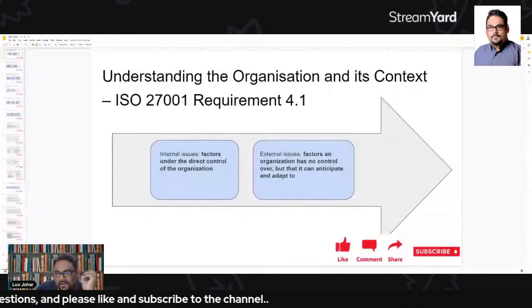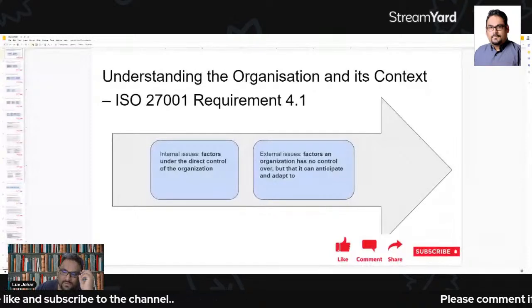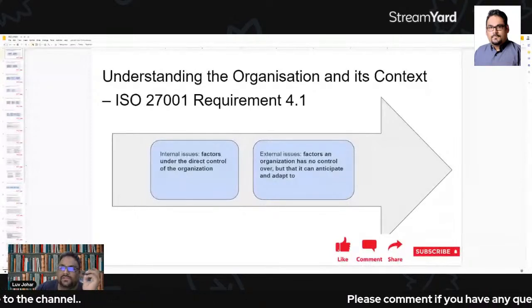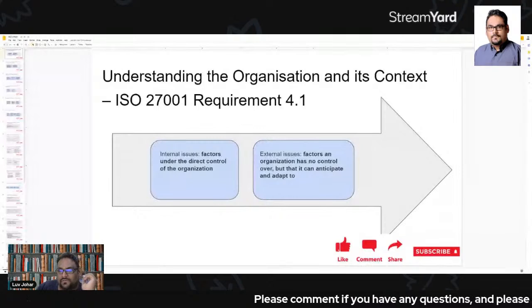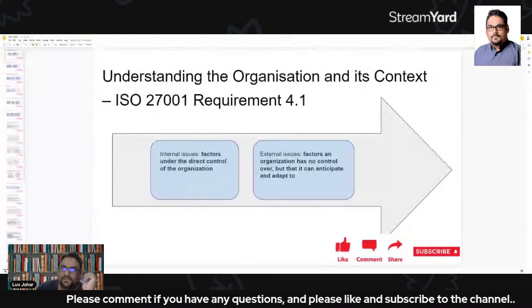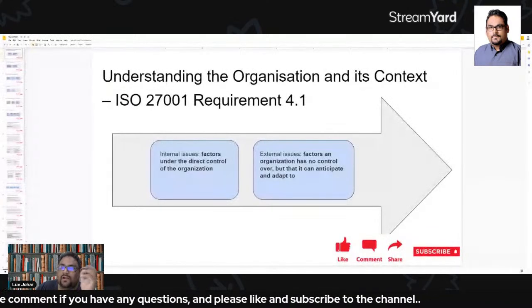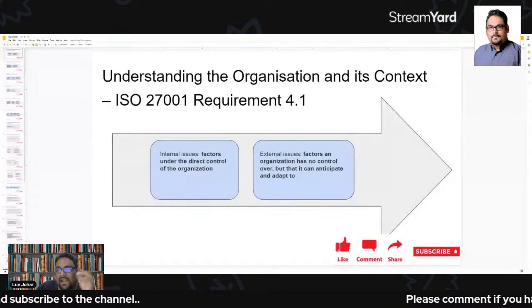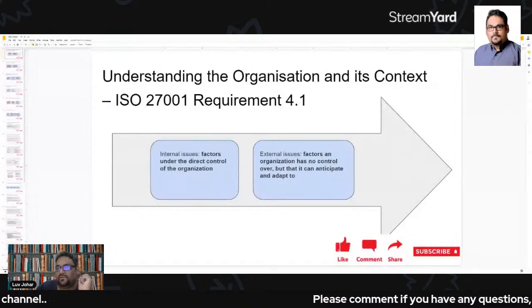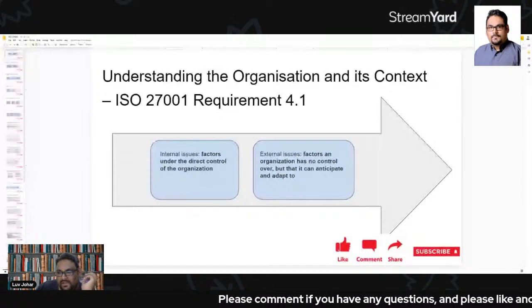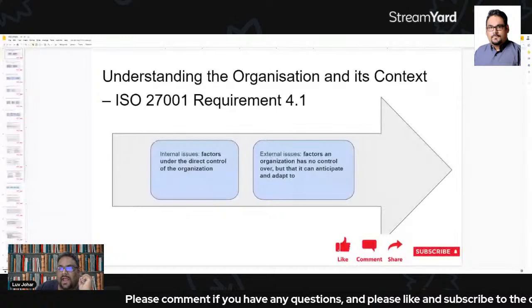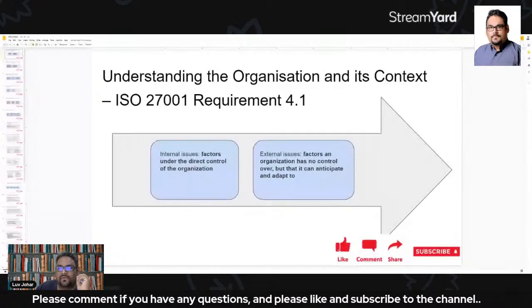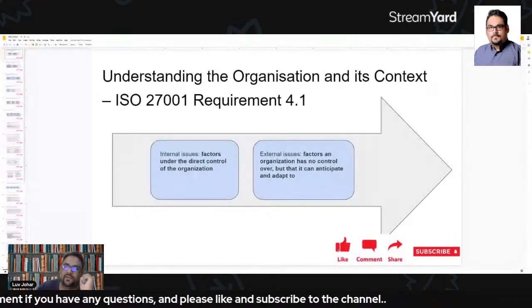And after understanding the organizational context, you can implement a very robust and effective ISMS that will cover all the needs and expectations of your organization, your customers, your interested parties, your stakeholders, your suppliers, and ensure that it will handle all your information related risks and impact of any security related incidents, and will increase the use of any business opportunities that you might have in the future.